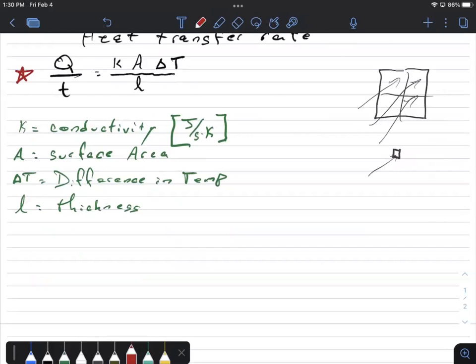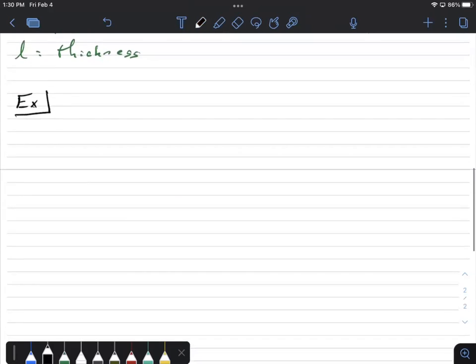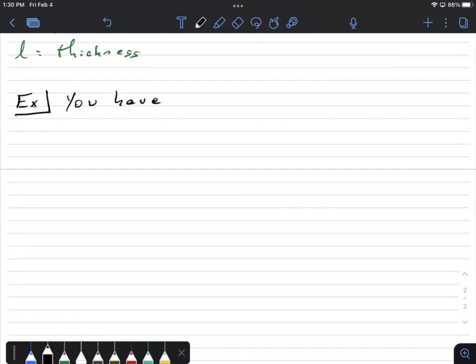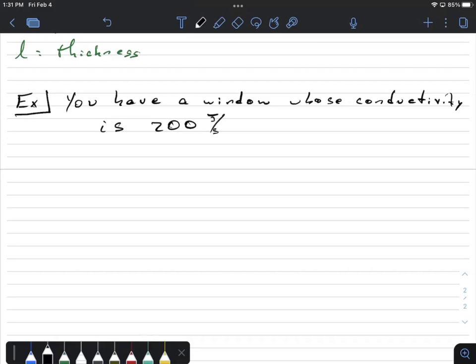Now, what does a typical problem look like? How will we use this particular equation? So for the example, let's say you have a window whose conductivity is, let's say, 200 joules per second Kelvin.